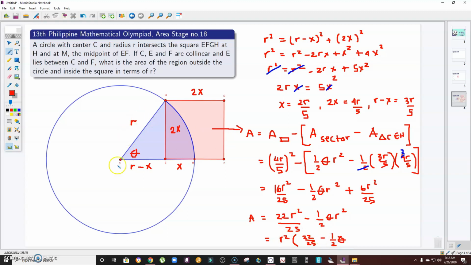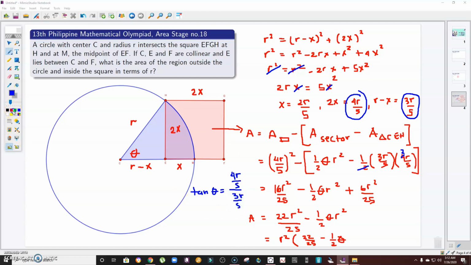So now let's go back to triangle CEH. I already have CE, which is 3r over 5, and CEH, which is 4r over 5. From here, we know that tangent theta is equal to opposite over adjacent, so that is 4r over 5 all over 3r over 5.